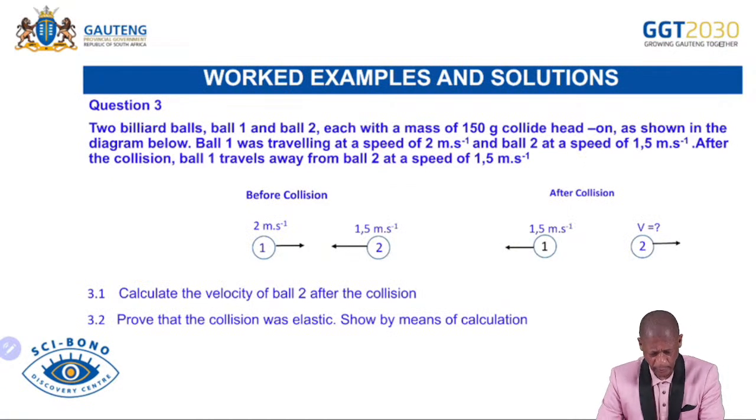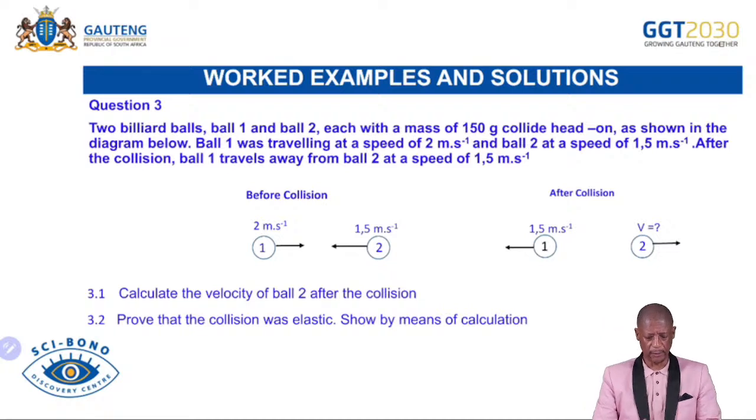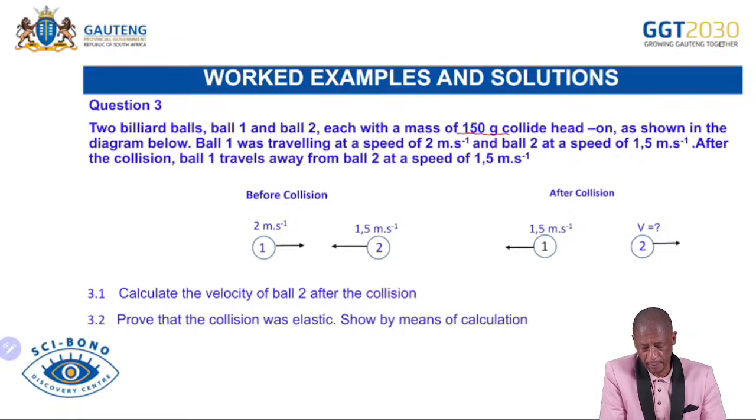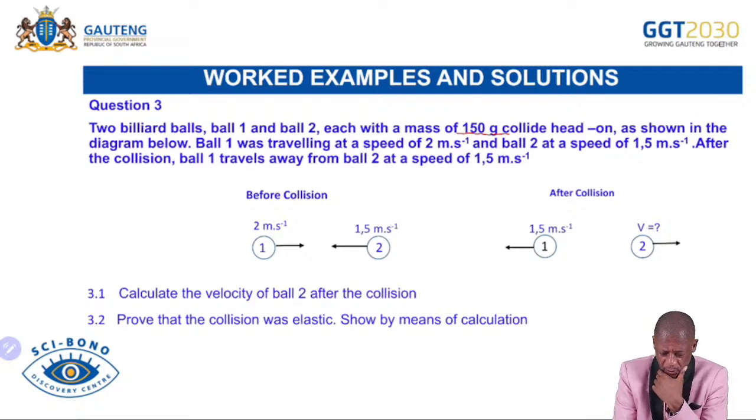Now, this is the worked example that I want to move through fast. We've got two balls, ball number 1 and ball number 2. We were given a mass in grams. Remember, once you come across grams, it means you must do a conversion. We are given a mass of ball 1 as 150 grams, colliding head on as shown in the diagram below.